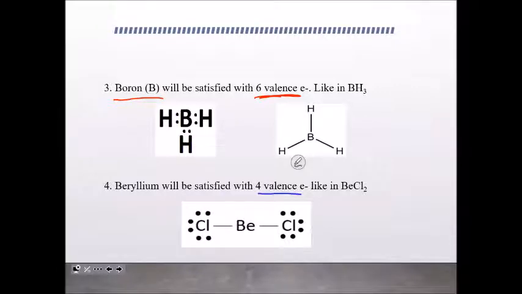So you're going to see these linear molecules of beryllium with either the halogens or with hydrogen. It typically has 2 ligands attached to it, and it's going to be satisfied with 4 valence electrons. It is strange. It is just an exception you have to know. Can it do double bonding? Really? No. It does 2 singles.